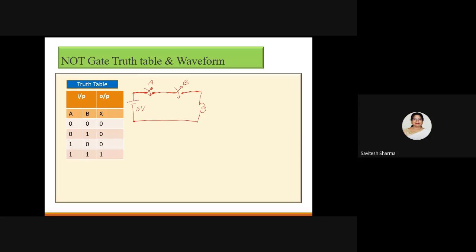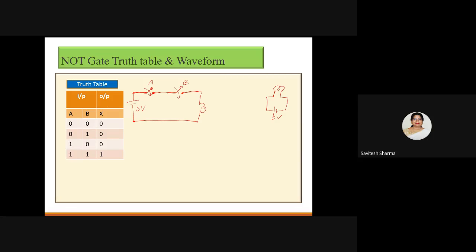If it is open, these 2 points are isolated. And you know that if you want to glow an LED or a bulb, you need to supply a proper voltage. Your bulb will glow whenever you apply a supply voltage, 5 volt for example. That means a closed loop circuit should be formed. So you see here, your inputs A and B are arranged in series.